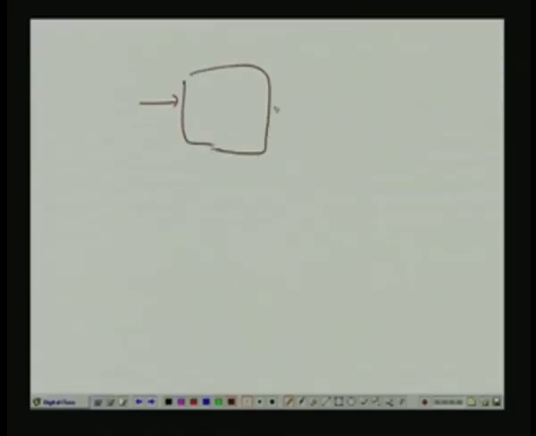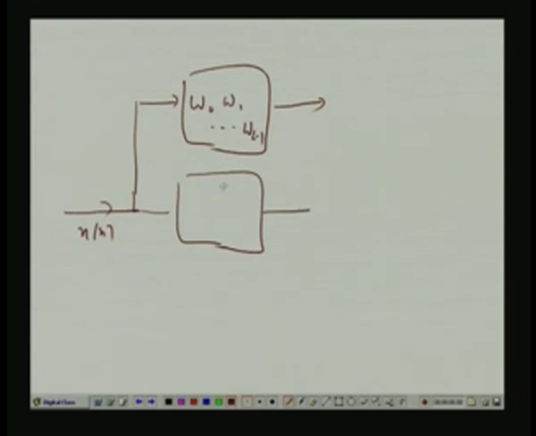One more example I can consider, and then I can wind up. System identification. Suppose there is a plant, this is modeled by some FIR system W 0, W 1 up to W L minus 1. You are observing it, you do not know the coefficients, there is a random sequence x n that goes in, we put an adaptive filter here.